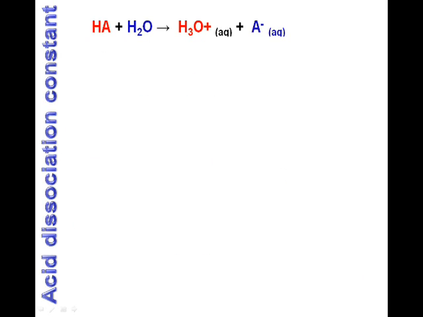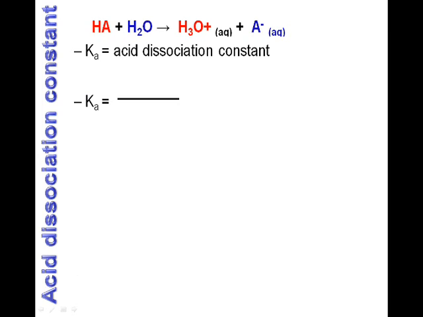Just like we've been working with dissociation constants, acids also dissociate, and we can put them into an acid dissociation equation, and that equation is going to look just like the equilibrium expression that we were looking at in the previous chapter.